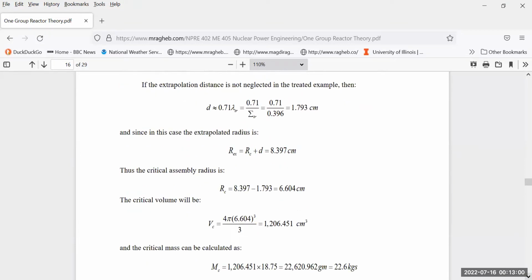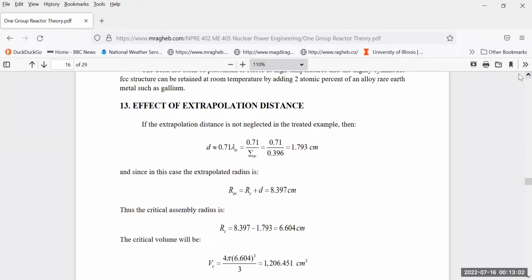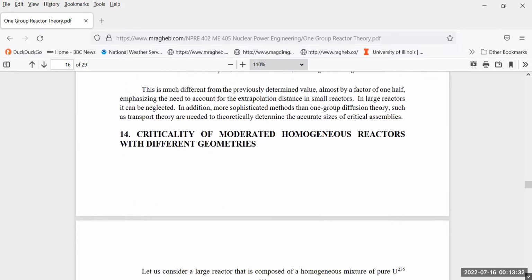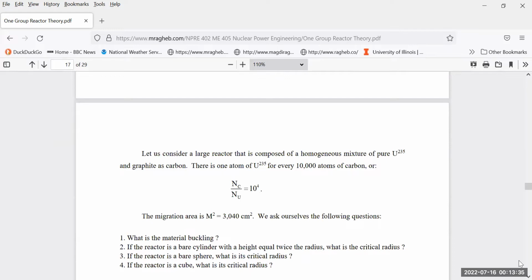The effect of the extrapolation lengths, if you have a large reactor, can be neglected because the reactor is not going to be those 8 centimeters of a pure system. If it is, say, 2 centimeters for a reactor radius that is 2 meters in size, we can neglect that extrapolation length. So I'm going to give you an example in which I'll ask you simply to ignore the extrapolation lengths for simplicity.